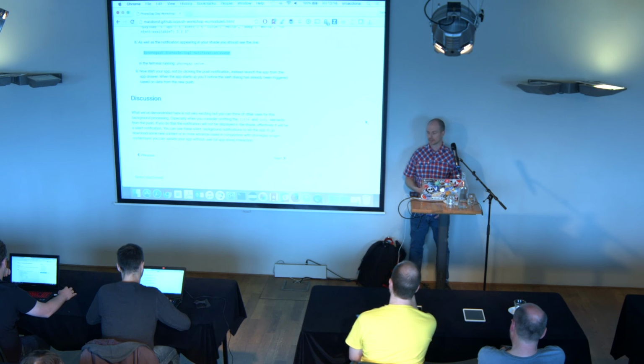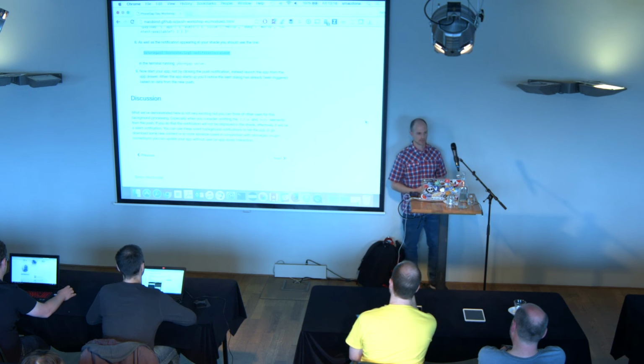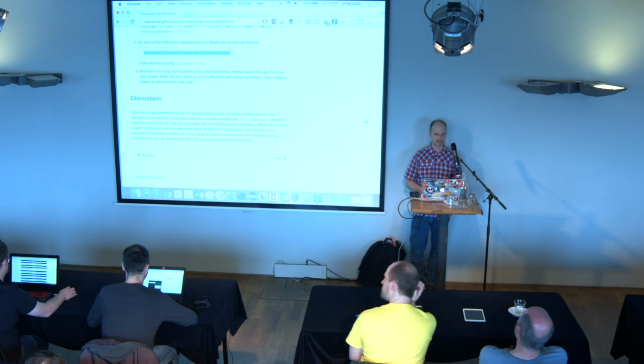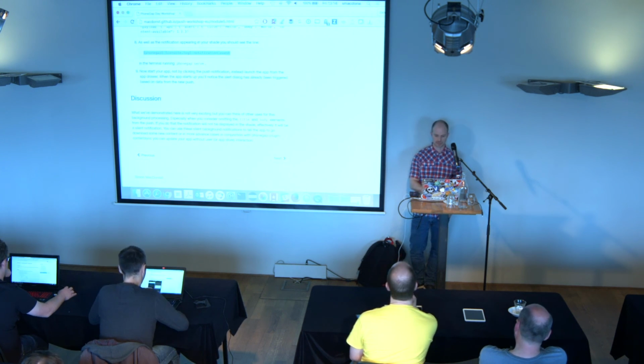Or imagine you found a horrible bug and you need to get it fixed as quickly as possible and you don't want to go through the 2-day app store review process, you can actually modify some JavaScript, get it pushed out to your application silently, and users will never have to interact with it. They won't need to go into the App Store and say, yeah, let's get that update. So there's a lot of great things you can do using background notifications, and especially silent background notifications.